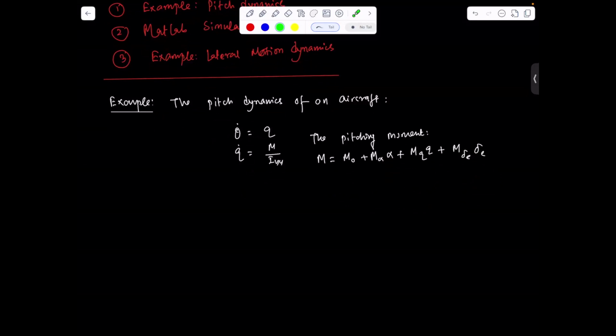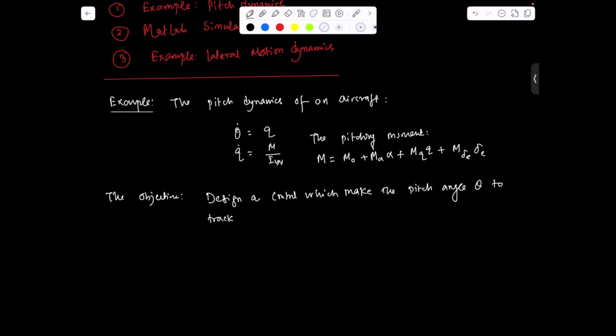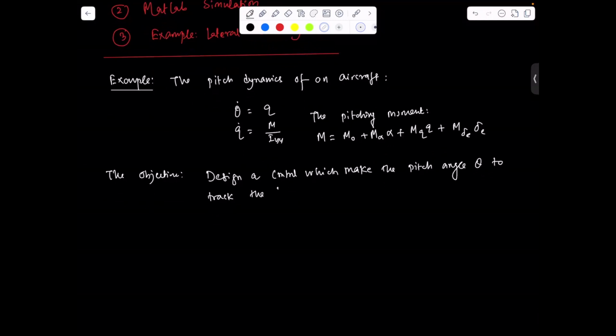So here the objective is to design a control which makes the pitch angle theta track the desired trajectory theta d.